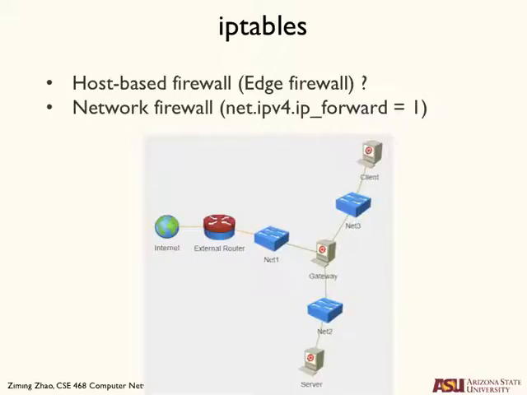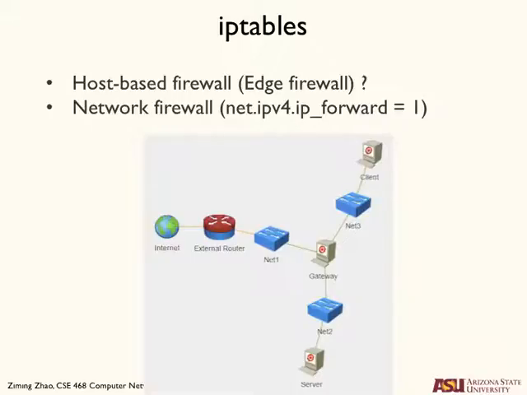Both of them also run Ubuntu, and only the gateway has internet access. The first thing you did in NAT1 was to enable IP forwarding at the gateway. By enabling IP forwarding, you are making this gateway literally a router. Even though it's just a regular Ubuntu system, it actually runs as a router.